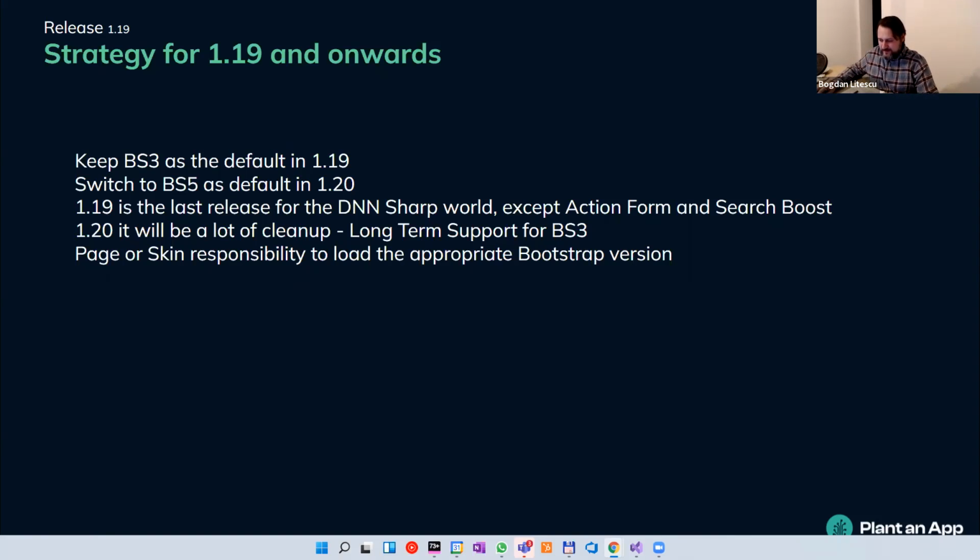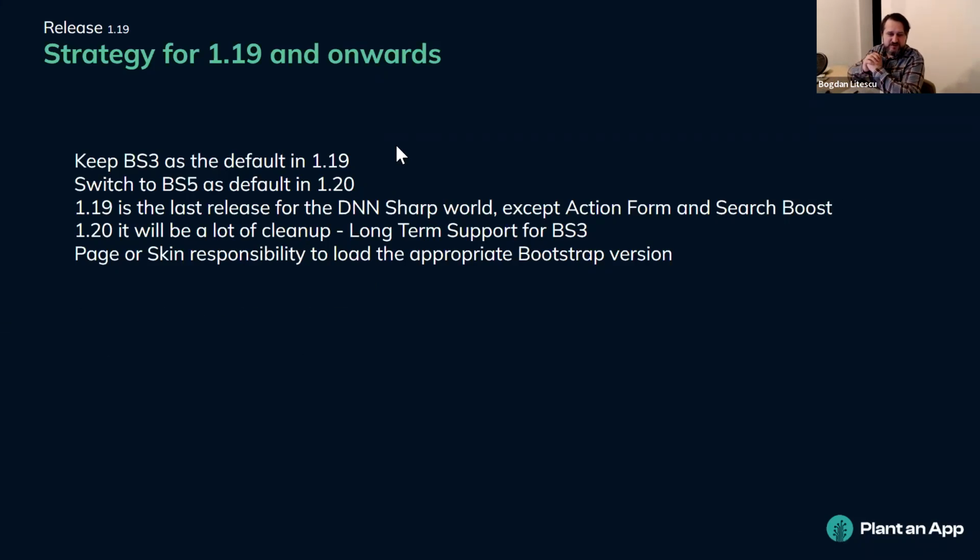So let's get back to it. I was telling you a bit about our Bootstrap strategy on the short and the longer term. In 1.19, we'll keep Bootstrap 3 as the default.